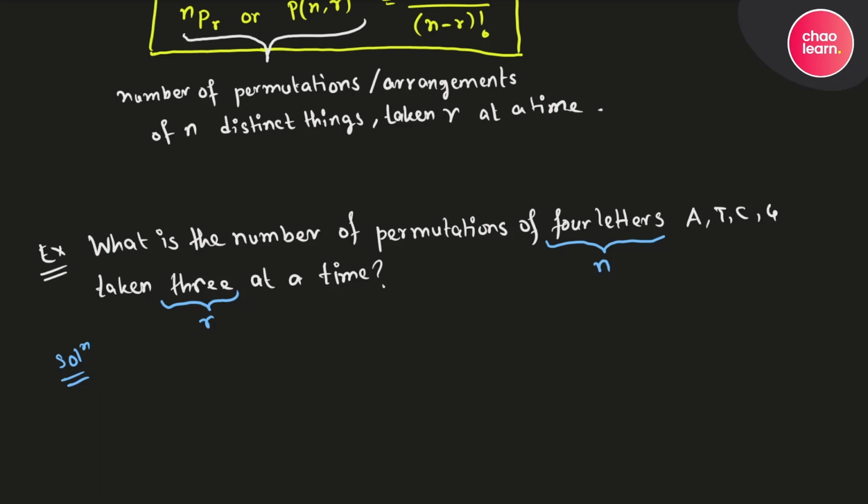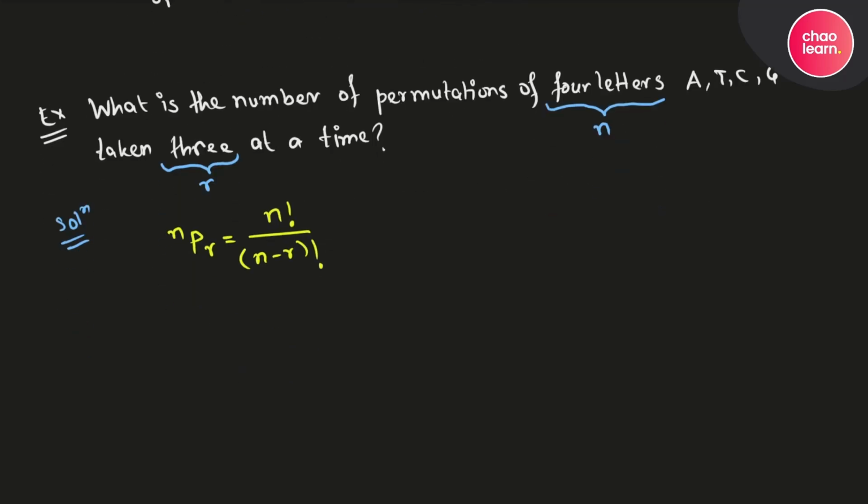So according to the formula, we can write nPr is equal to n factorial upon n minus r factorial. What are we given? We are given that we have 4 letters, out of which we have to select 3 and then rearrange them.